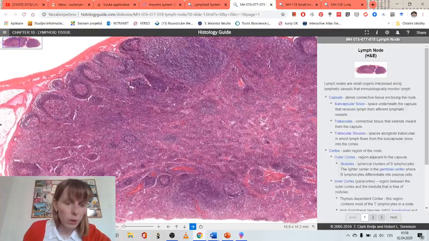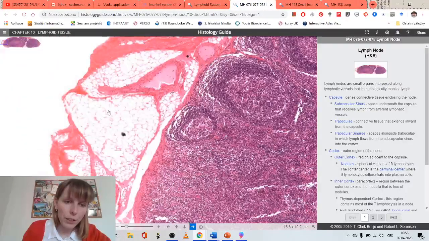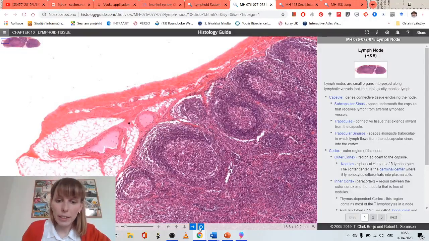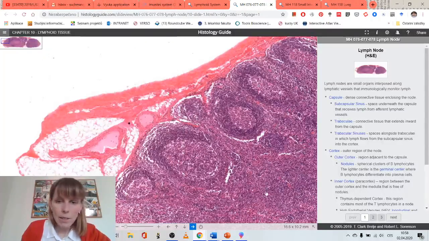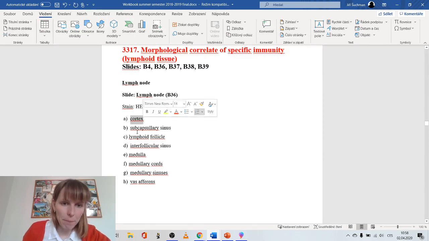You can also see good old white adipose around here in the capsule. Subcapsular sinuses are also one telltale sign that this is a lymph node. So we saw the cortex. We recognized it by seeing lymphatic follicles.